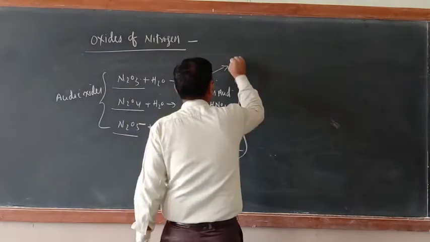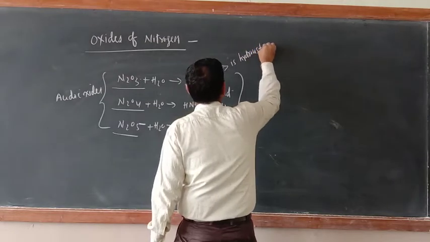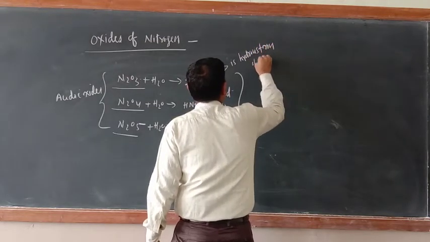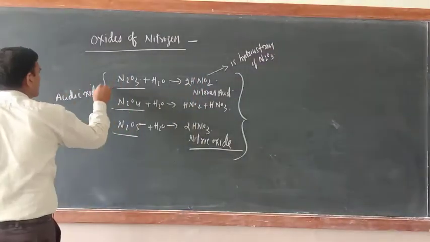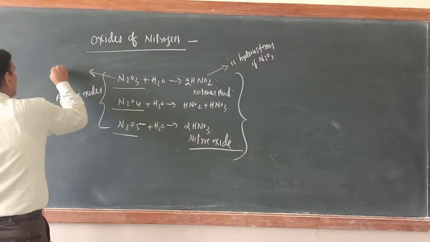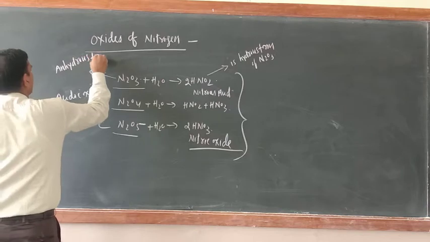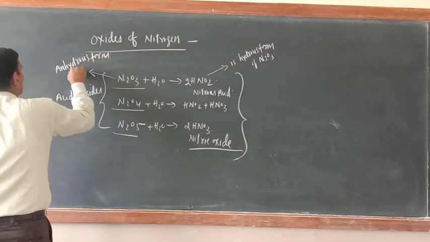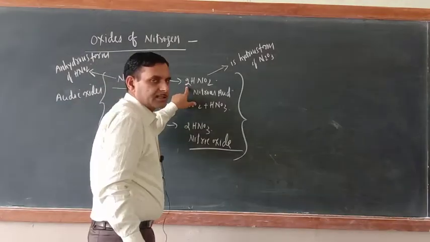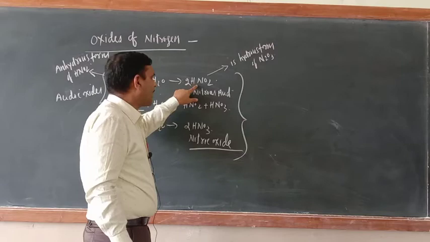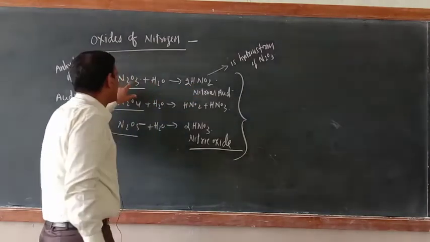Nitrous acid is the hydrous form of N2O3. We can write or not? What about N2O3? This is the anhydrous form of HNO2. Means if you remove 1 molecule of water from 2 molecules of HNO2, then N2O3 is formed.